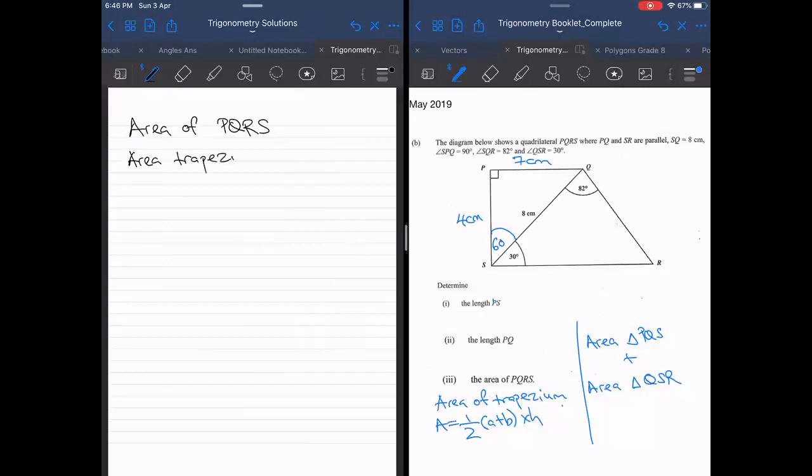How do I know it's a trapezium? Because I have two parallel sides. I mean, one side doesn't necessarily have to be straight, but this is what you want to be looking at. So this is really the trapezium.